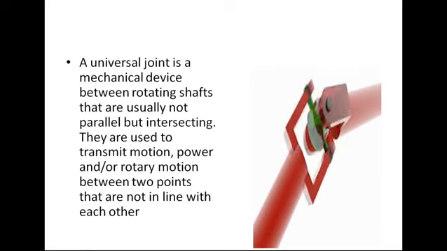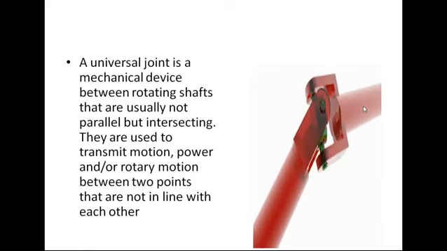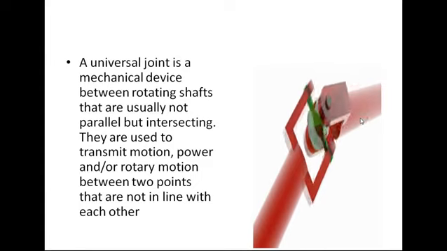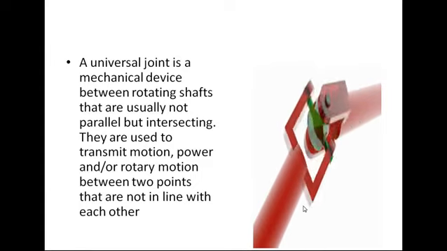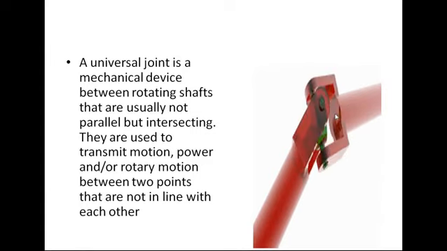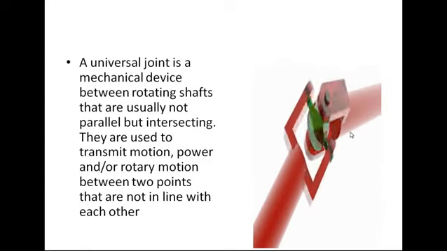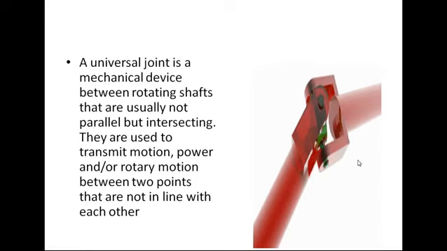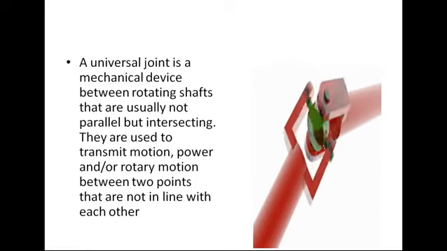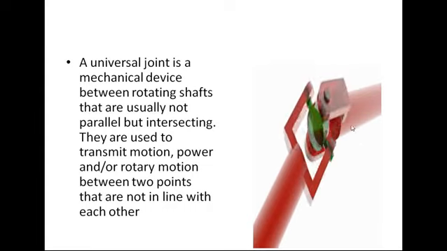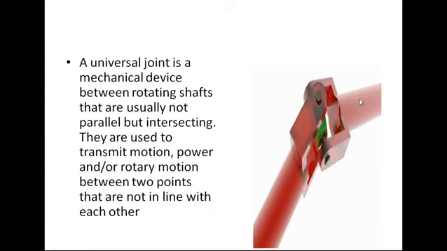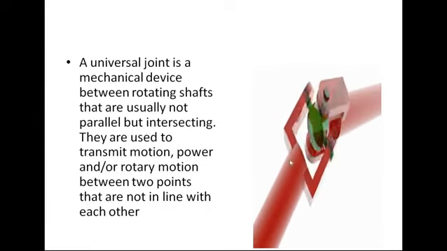The driver shaft, which has the force and the motion, transfers it to the other shaft through this universal joint, and these shafts are not in one line. They intersect with each other. Because of this universal joint, it is very easy to transfer motion from one shaft to another.